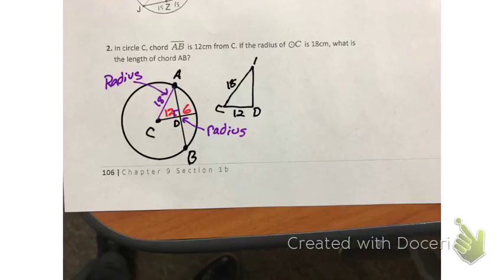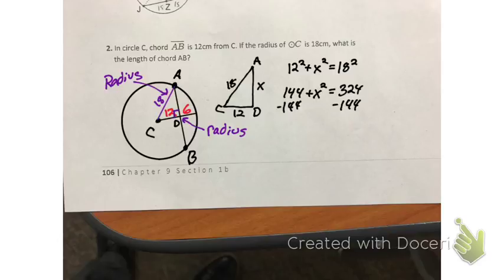We call that D. We call this A. We are looking for that X. So we are going to have 12 squared plus X squared equals 18 squared, which is going to be 144 plus X squared equals 324. Now I'm going to subtract 144 from both sides. And we're going to have X squared equals 180.